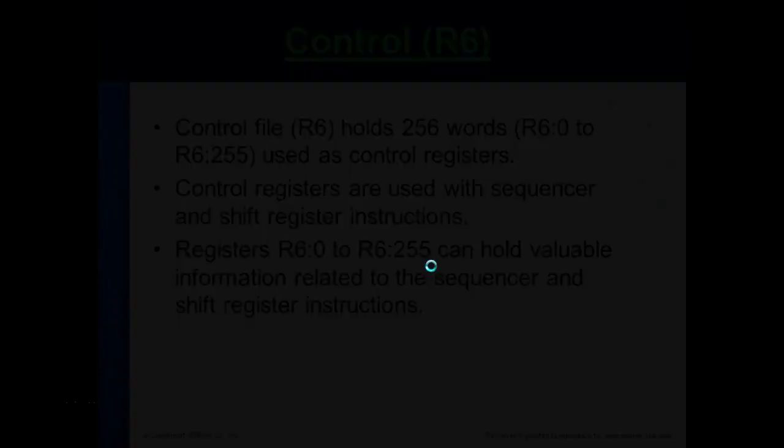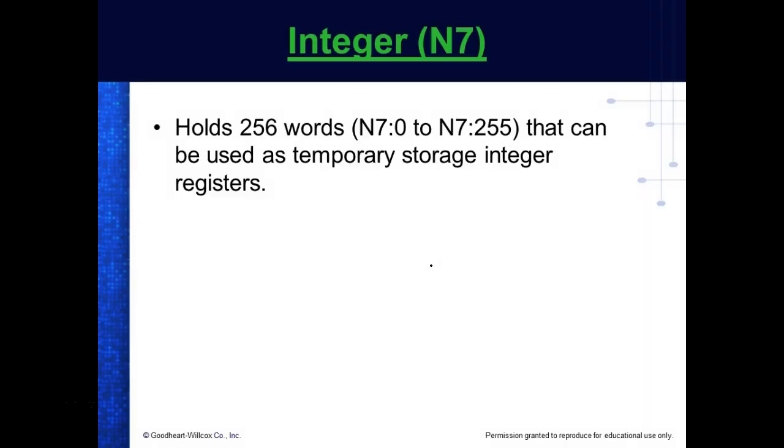So control register R6. Then we have our integer file. This is the one that's limited. So integers are limited between plus 32,767 and minus 32,768. I kept saying 36, and I was saying to myself, that's not right. That's not the power of 2. So 32,768 is 2 to the 15th, right?